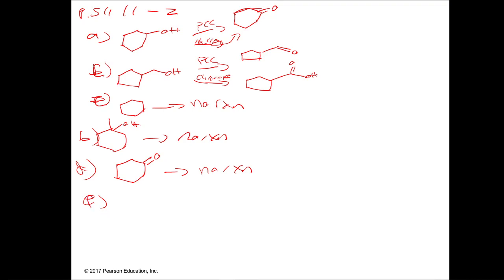We did F, 1-phenylpropan-1-ol. That's a secondary alcohol, so PCC or chromate will do the same thing, right? The only difference is if it's on a primary.